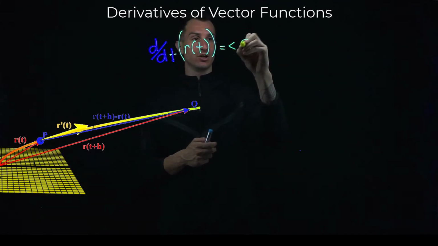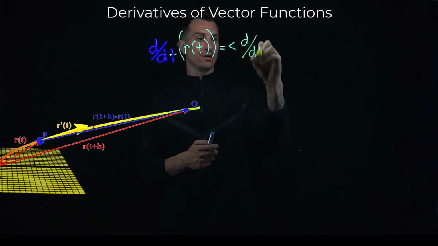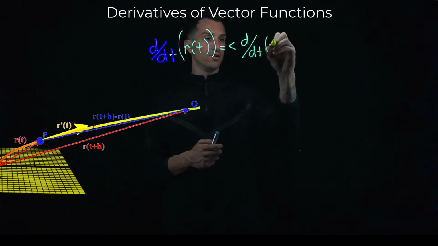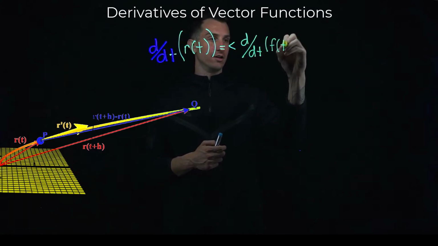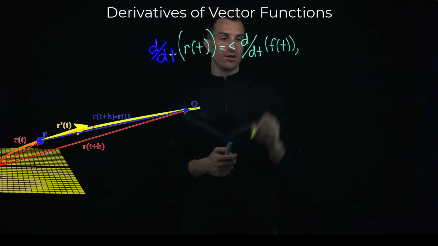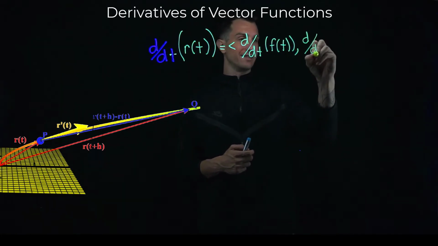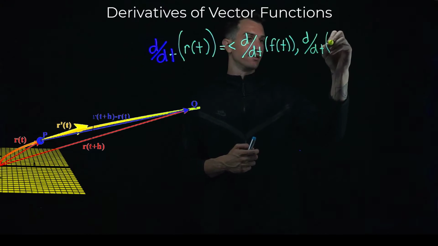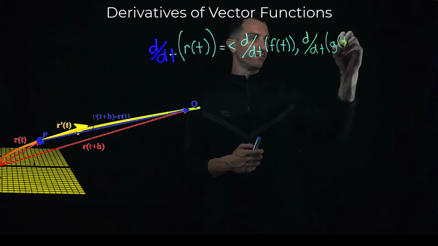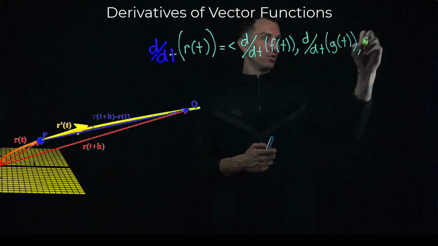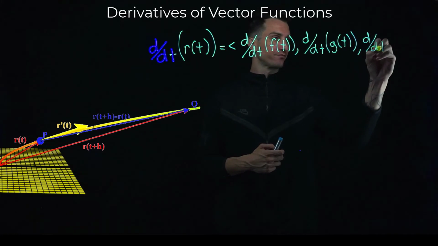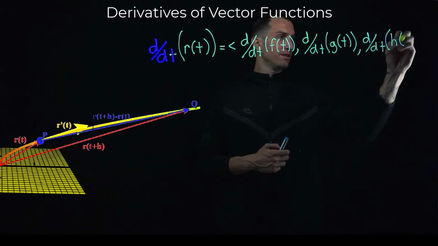So essentially, if we know what we were doing in Calc 1, we should know what we're doing here. We're just doing 3 times as much work. And I've said that before with limits, same idea. This is going to be g of t, comma, the derivative with respect to t of h of t.